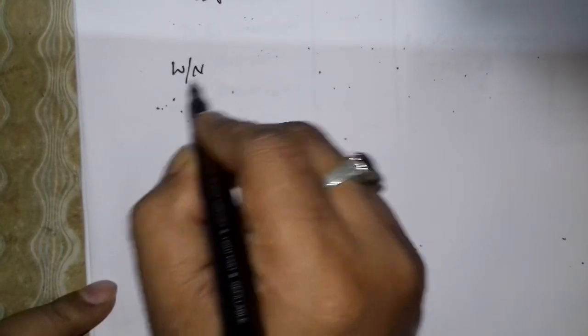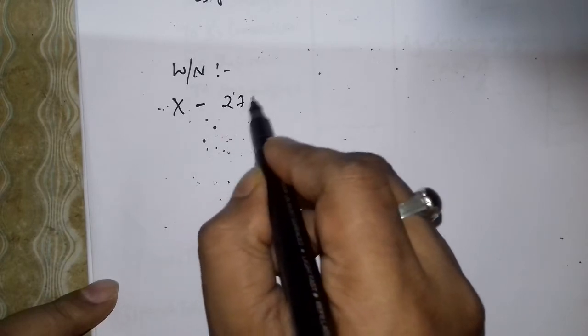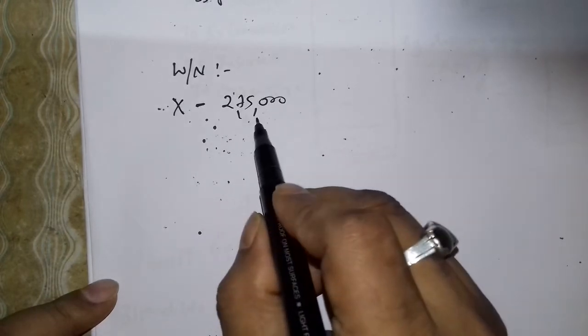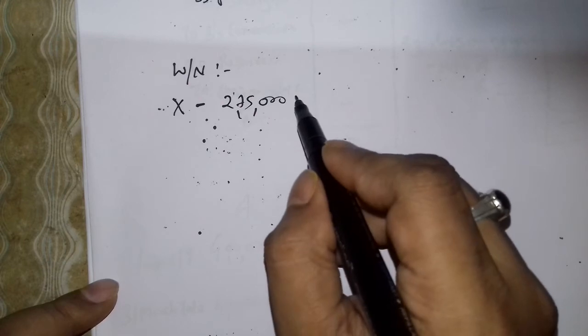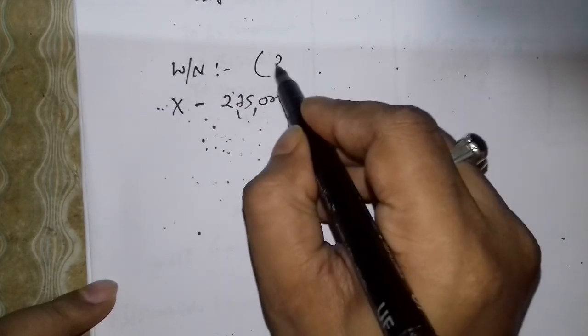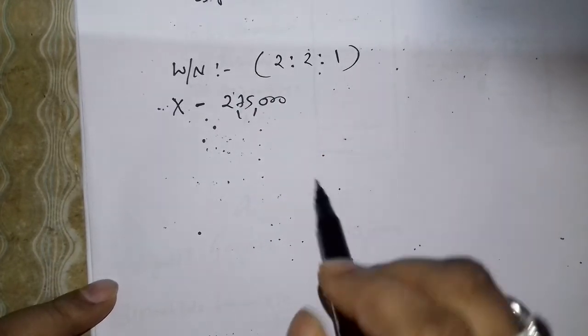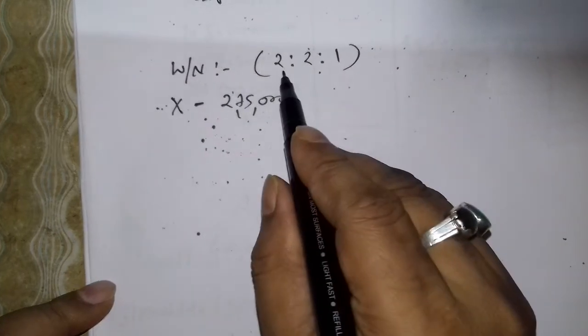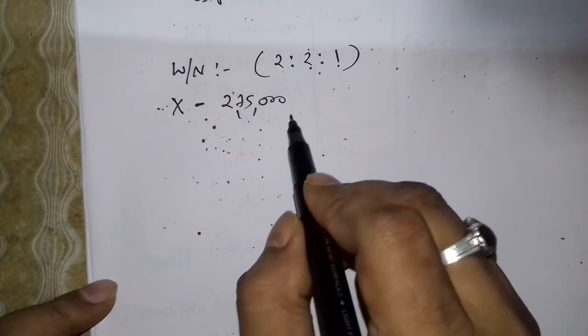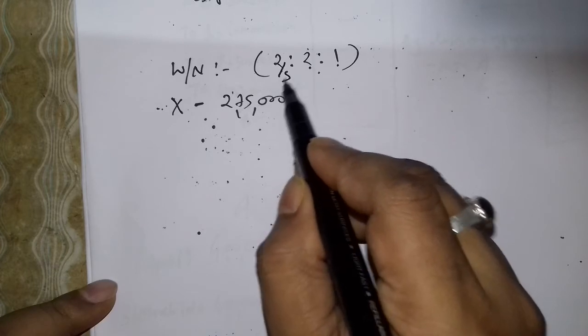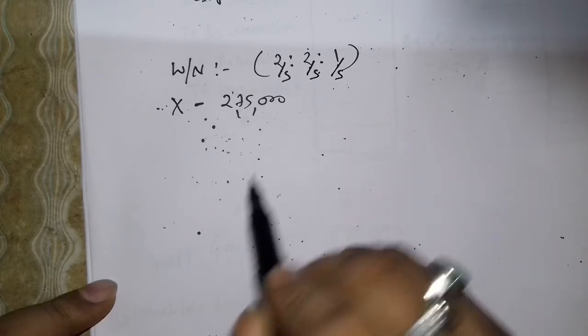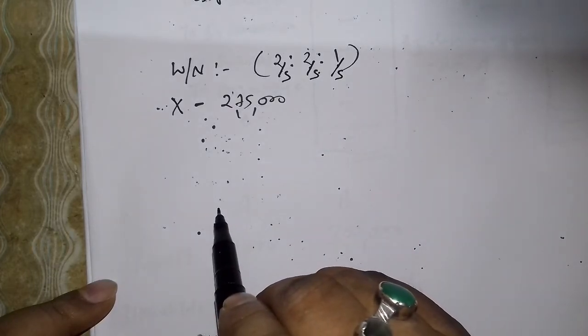Working note. X capital will be 2,75,000. This profit 2,75,000 will be divided in their ratio. Their ratio is 2:2:1 given in the question. So 2 plus 2 plus 1, that is 5, means 2 by 5, 2 by 5 and 1 by 5 is their profit sharing ratio.